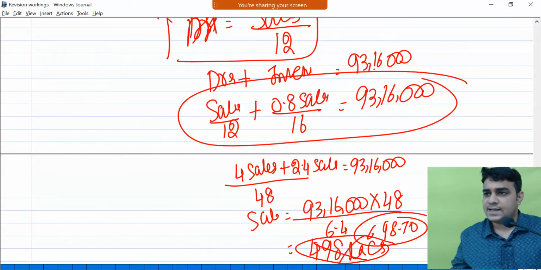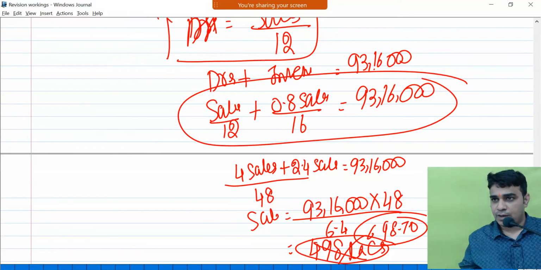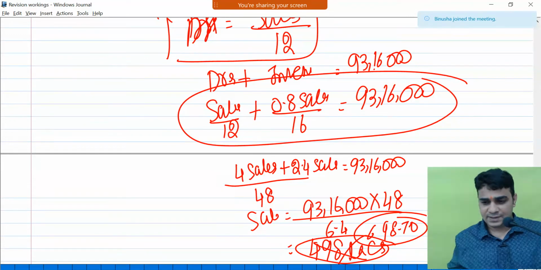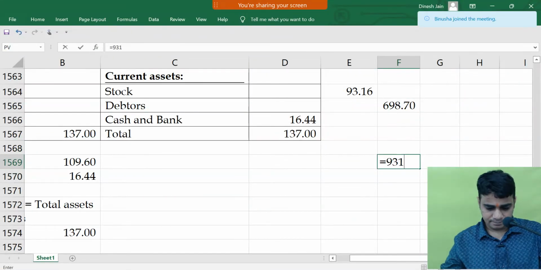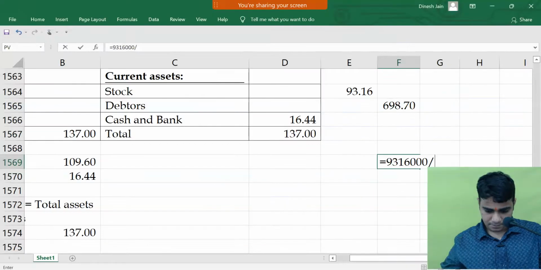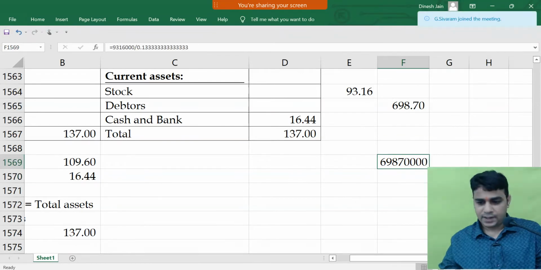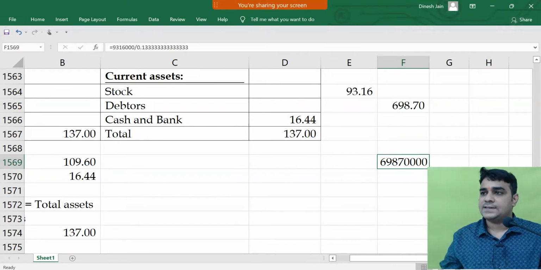Debtors is sales by 12. Inventory is 0.8 sales by 16. Just give me a minute. Okay, 698.70, that's right. 698.70 lakhs is the sales figure.